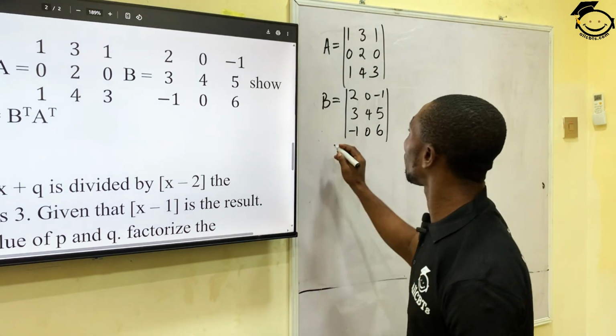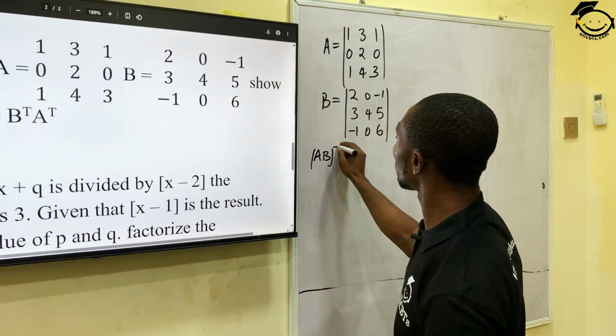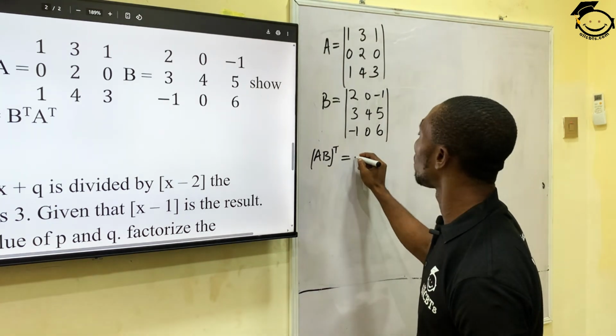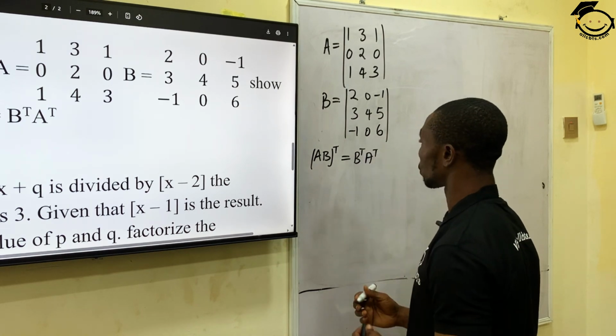Now, it says show that (AB) transpose is equal to B transpose times A transpose.